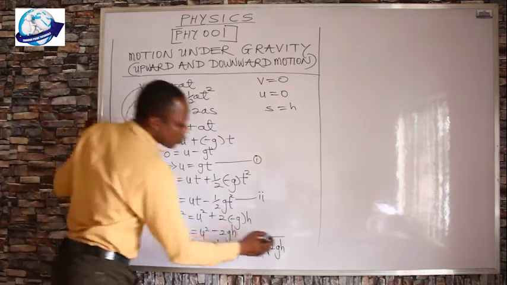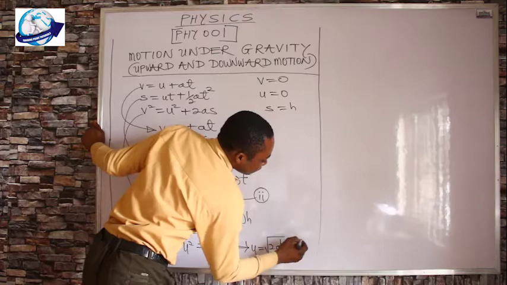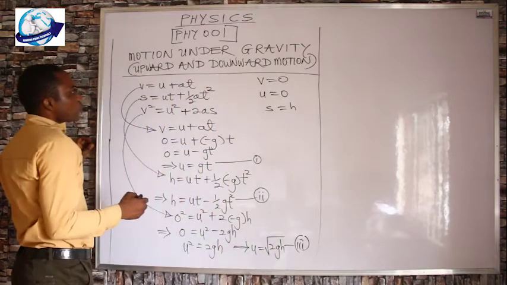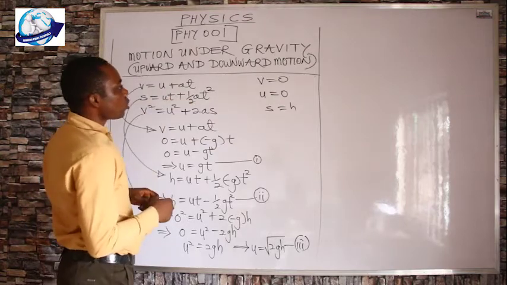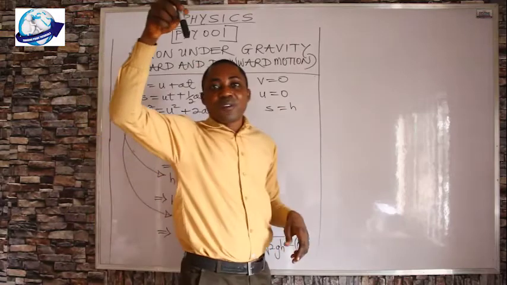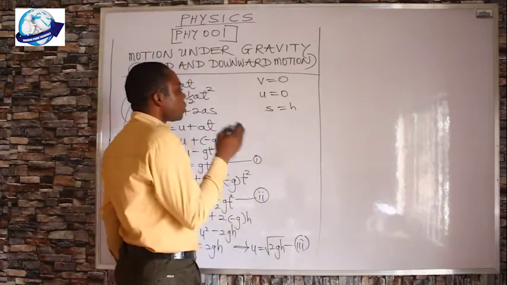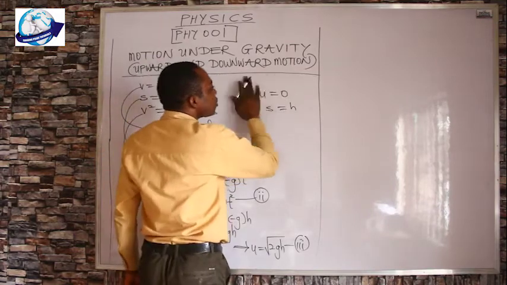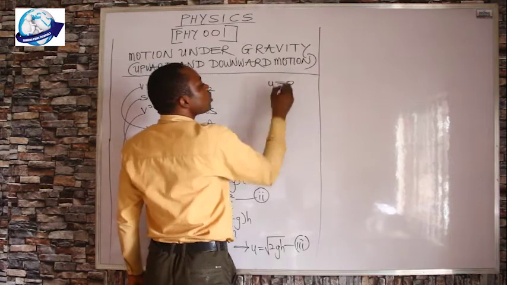Then we have this one to be equation III. Then let's consider the aspect of the downward motion. For the downward motion, that is when a body is falling freely from a height above the ground, what are those things we should consider? Take note. The initial velocity u is equal to 0.